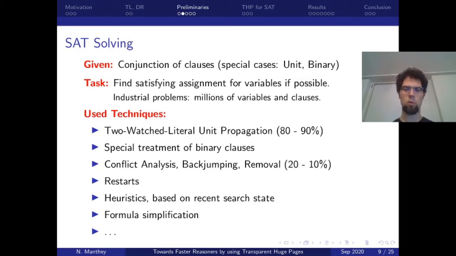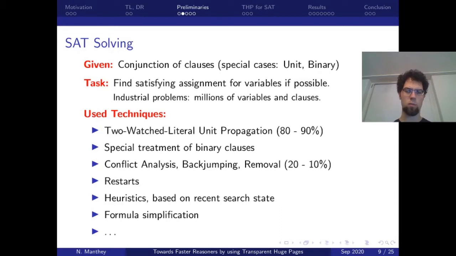And for industrial problems today, there are millions of Boolean variables and clauses. Techniques that are used by today's SAT solvers are the two-watch literal unit propagation data structure and algorithm, which consume 80 to 90% of the solver's runtime and make these large formulas and good solution times actually possible. They nowadays treat binary clauses specially.